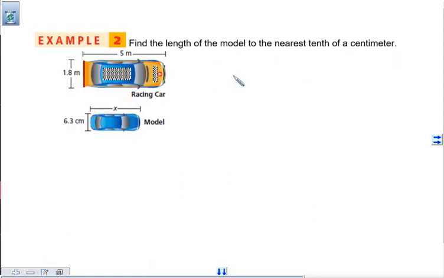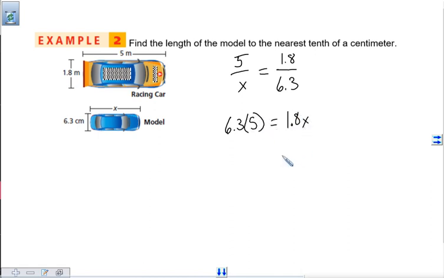Next up, we want to find the length of the model to the nearest tenth of a centimeter. So we need to set up a proportion, because that's what we've been dealing with today. So we have 5 over x, because those are both the lengths of the car, equals 1.8 over 6.3, because those are both the widths of the car. And then we're going to cross multiply: 6.3 times 5 equals 1.8 times x.